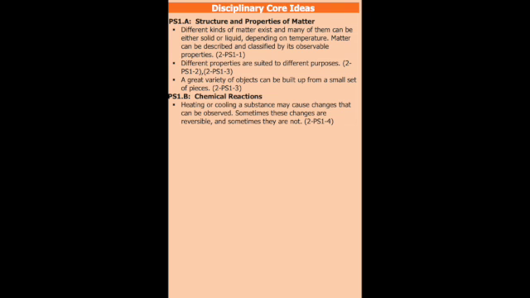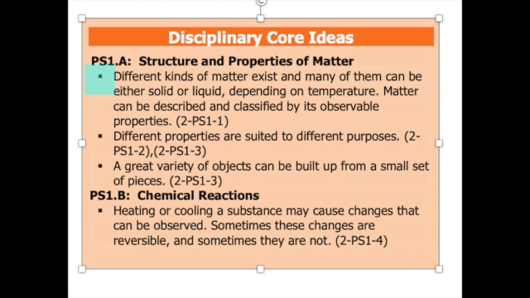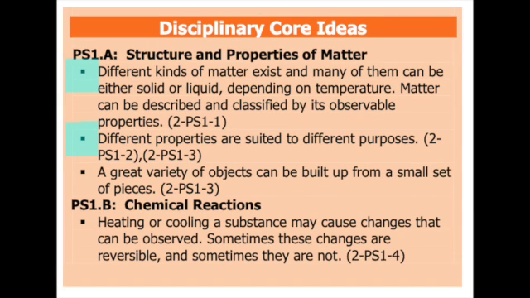Let's look at the disciplinary core ideas related to this. PS1A. Different kinds of matter exist, and many of them can be either solid or liquid depending on temperature. Matter can be described and classified by its observable properties, and different properties are suited to different purposes.